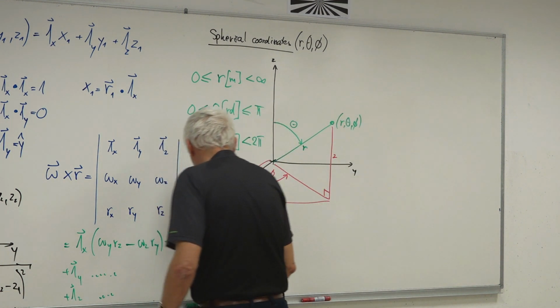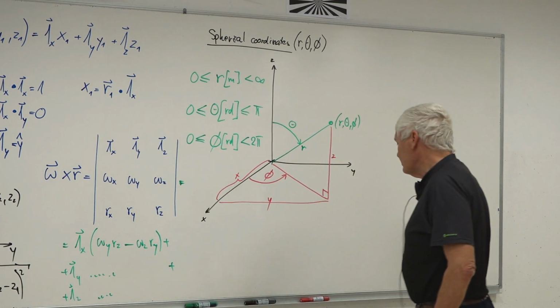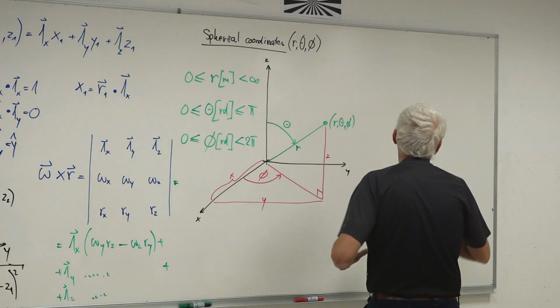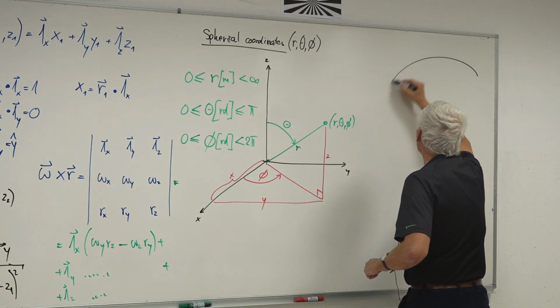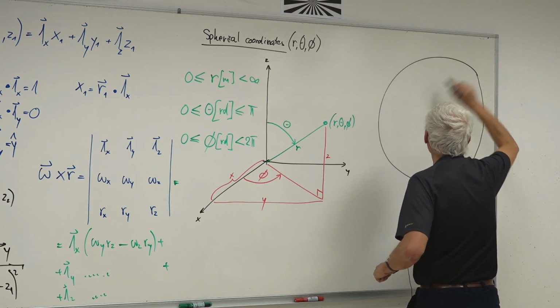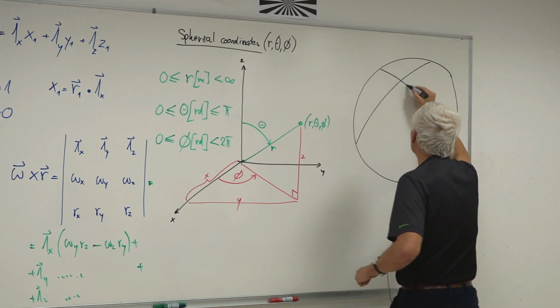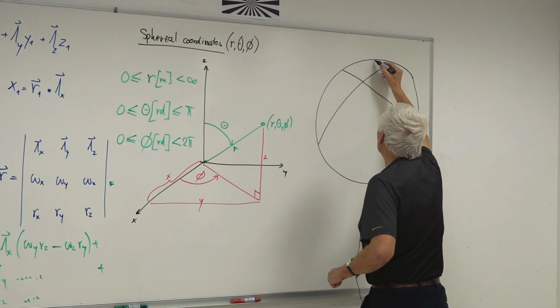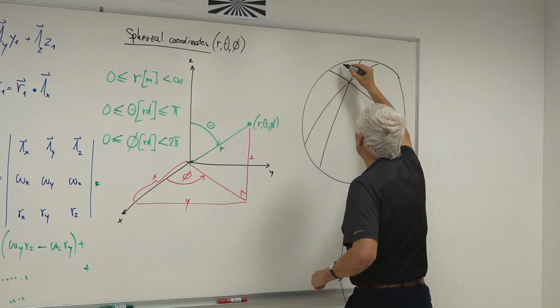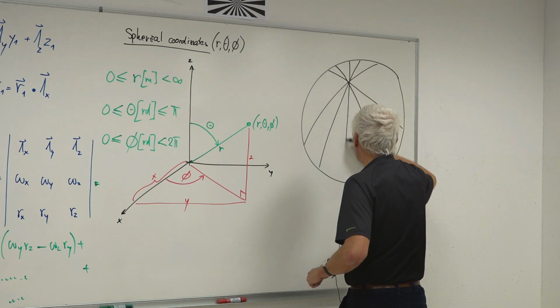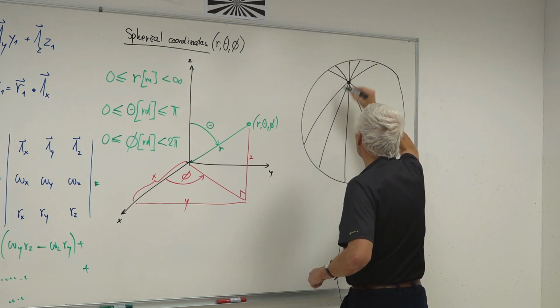How do we make calculations in spherical coordinates? That's already difficult, so let's think about geography. If I draw a globe of the Earth, on the Earth I can draw meridians. This is the North Pole here.